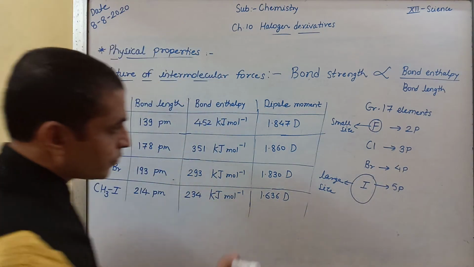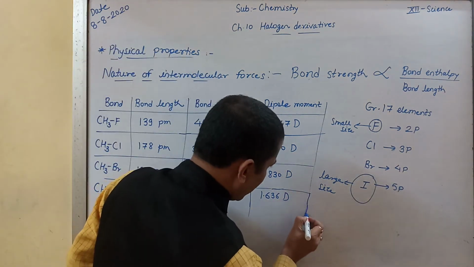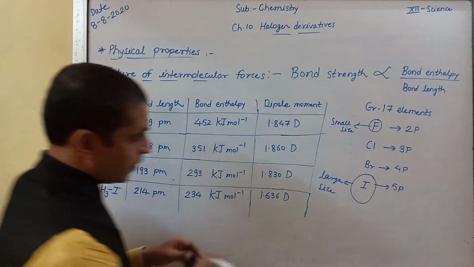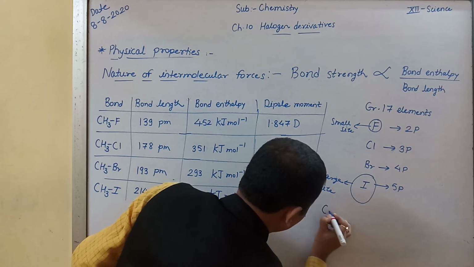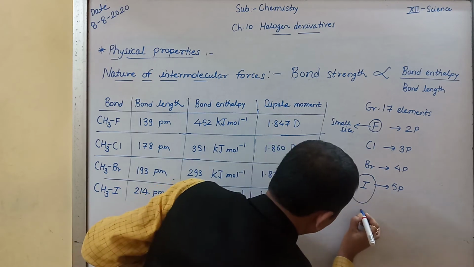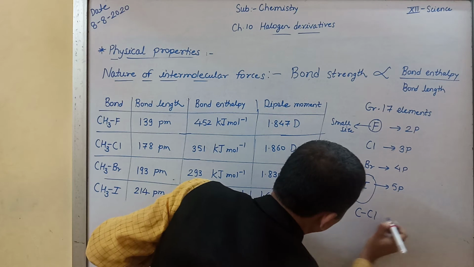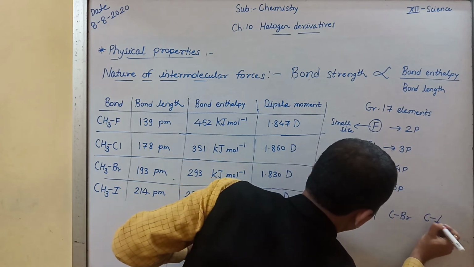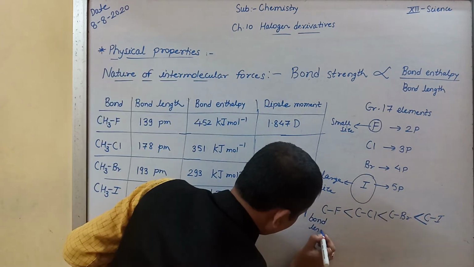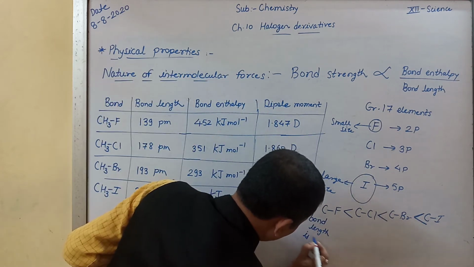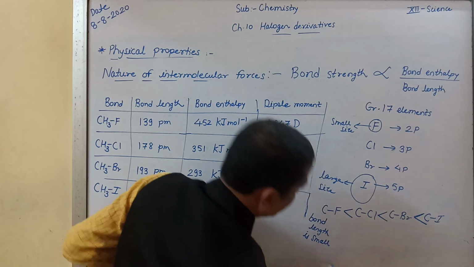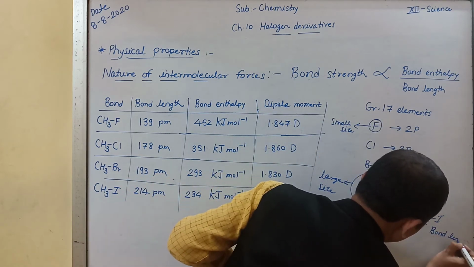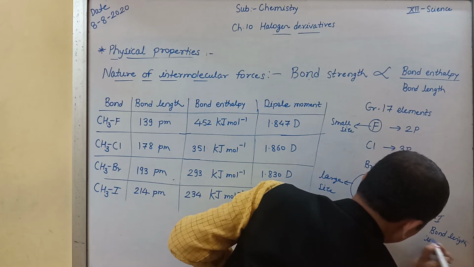Now what happens? See, consider C-F, then consider C-Cl, then C-Br, then C-I. The C-F bond length is small, and for the C-I bond length is bigger.